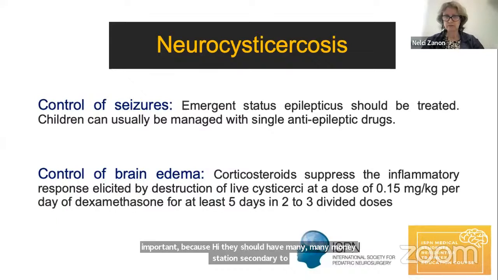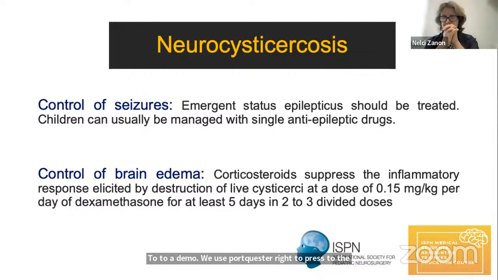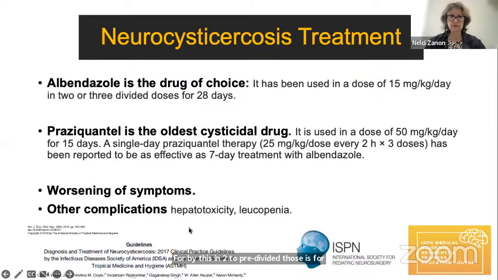We use corticosteroids to suppress the inflammatory response at doses of 0.15 milligrams per kilogram per day of dexamethasone for 5 days in 2 to 3 divided doses for childhood. And the most important treatment is cysticidal.